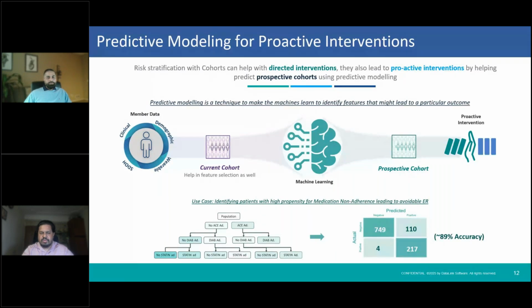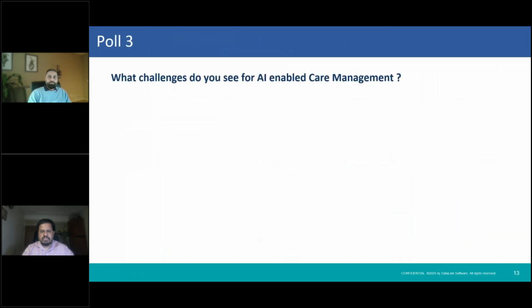So this opens up the field of proactive interventions, and it's an open playing ground now. You have reactive interventions, you have proactive interventions. It closes the whole loop where you have control over all kinds of intervention that you want to make to your population. That brings us to another survey question.